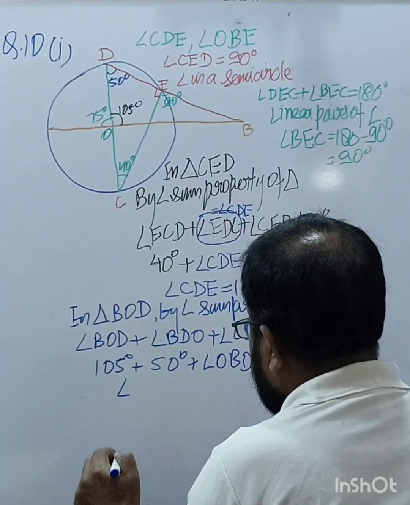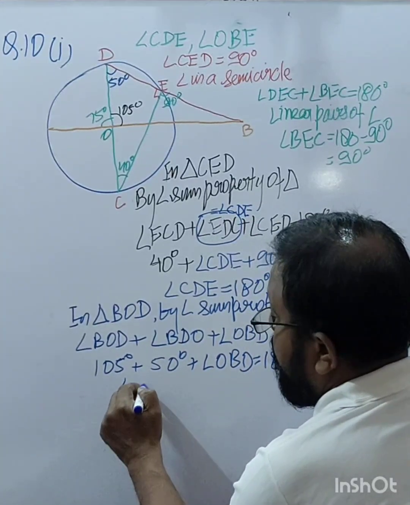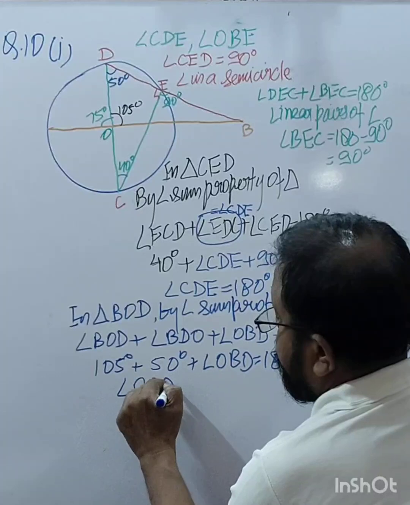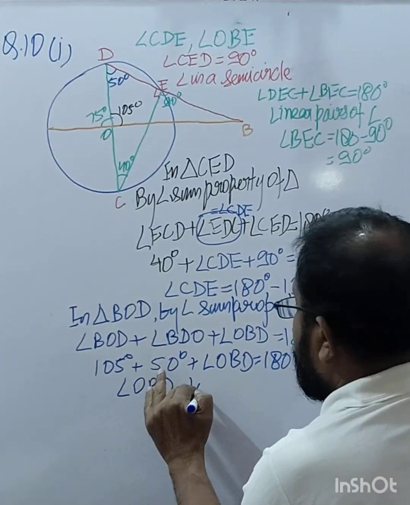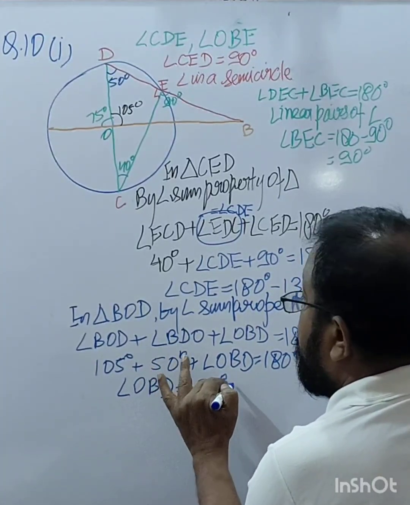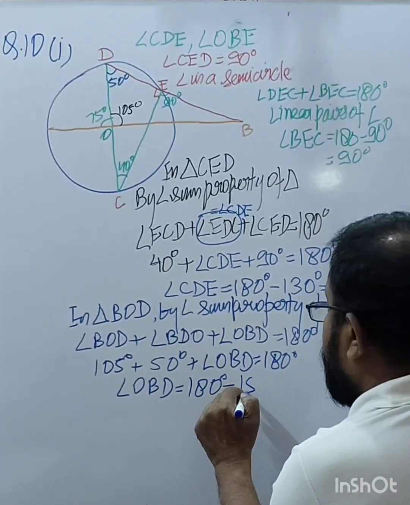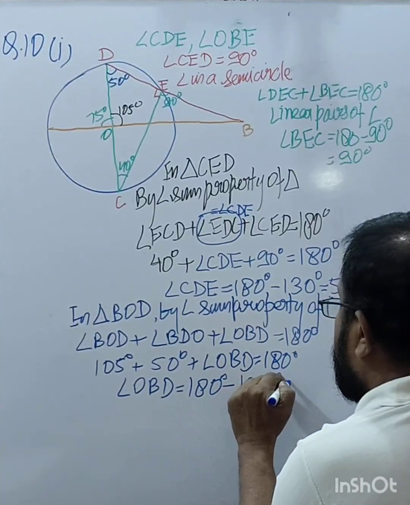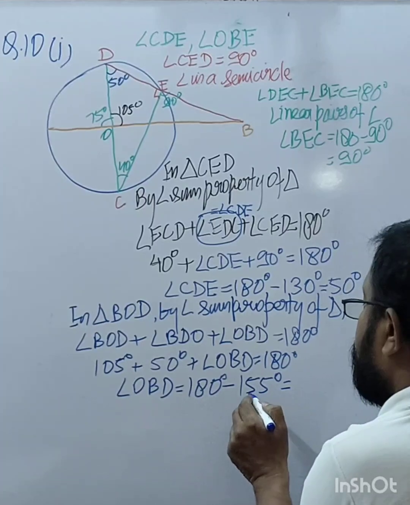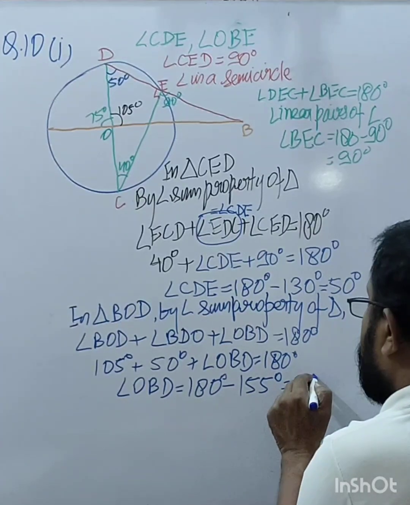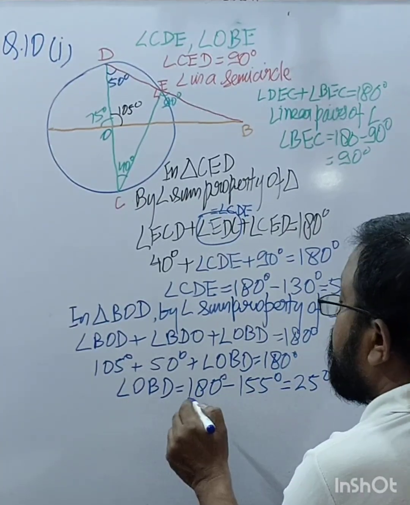So angle OBD is equal to 180 degree minus 155 degree. So it becomes 25 degree, right?